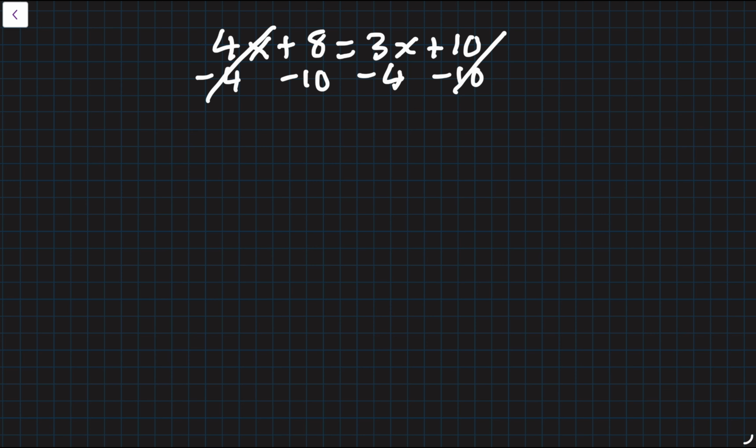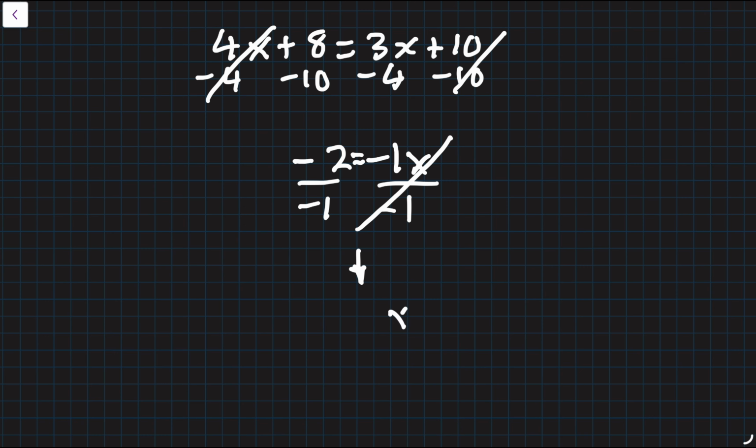So you're going to be left with 1x on one side, while on the other side you're going to be left with negative 2. Then you're going to have to divide, and it cancels out. So x equals negative 2, and that will be your final answer.